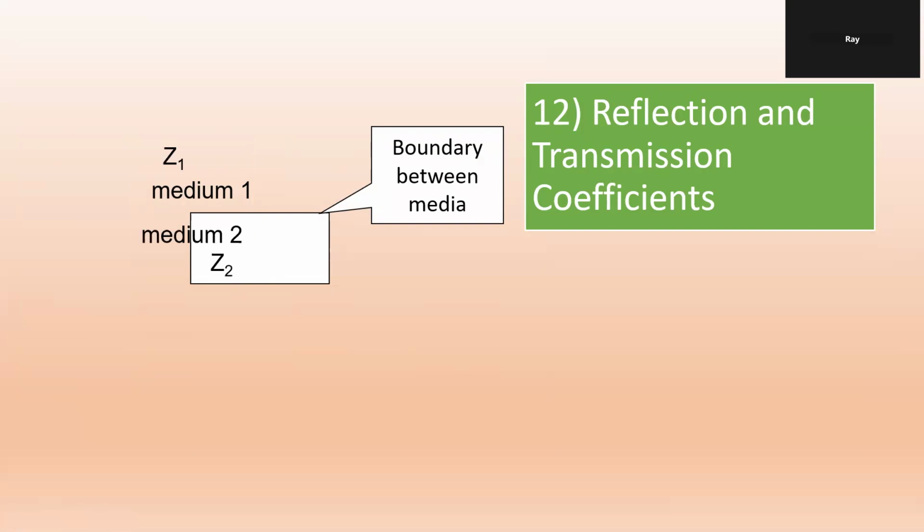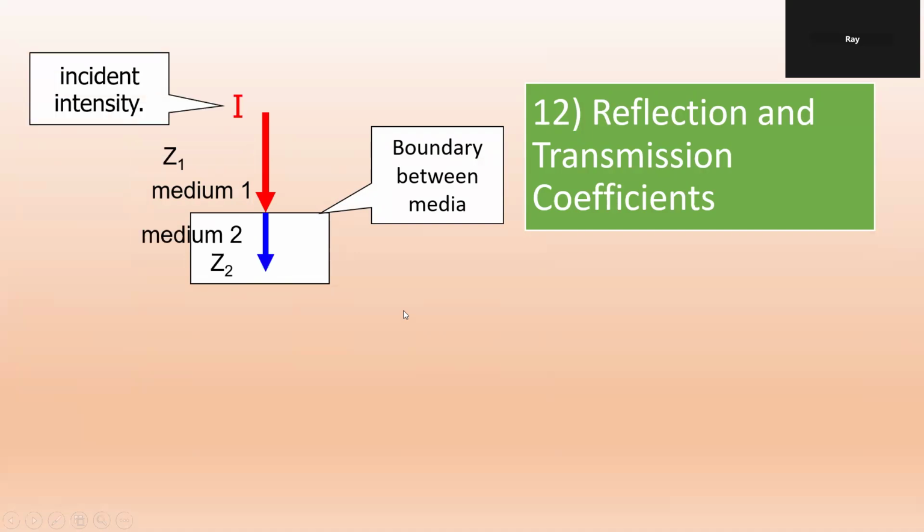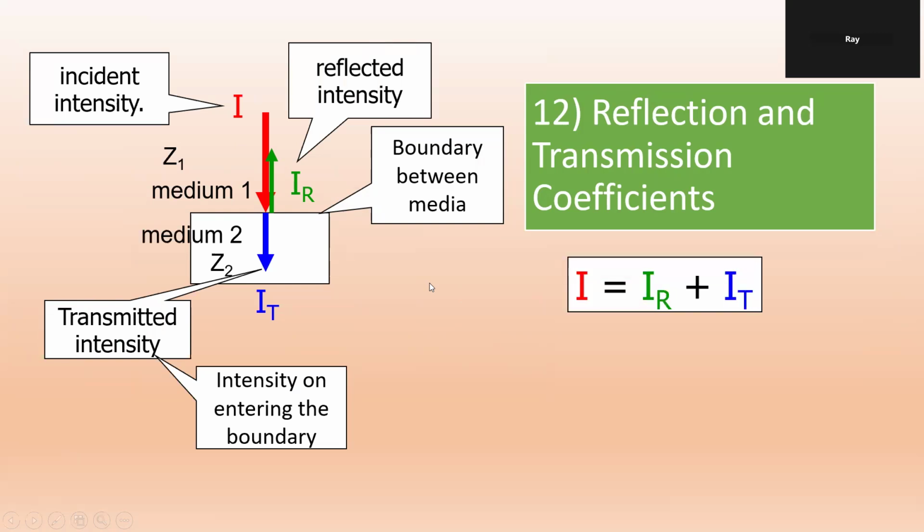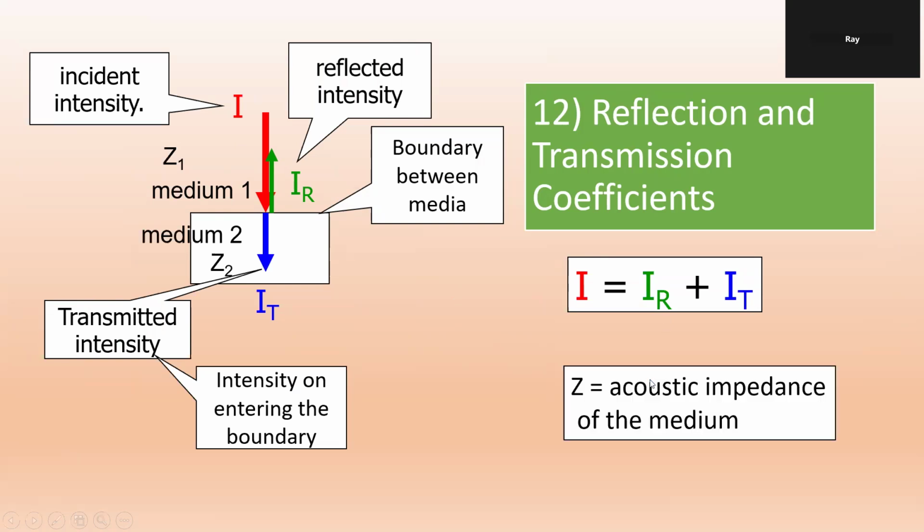Z is the acoustic impedance, and there's a boundary between the two media. There's an incident intensity I, a transmitted intensity IT depending on the medium or the boundary, and then the reflected intensity. That's the conservation of energy formula. Z is the acoustic impedance of the medium.